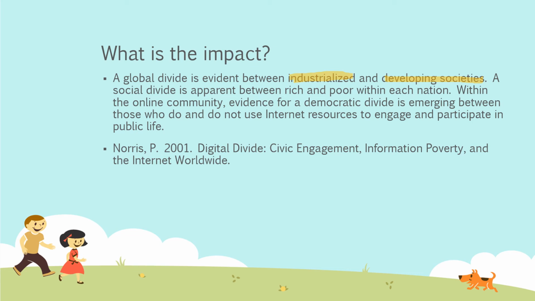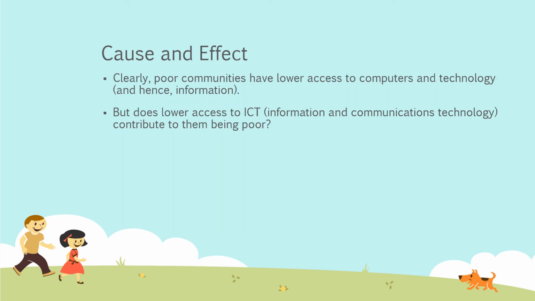Okay, and the digital divide also happens between people in the developed country who are really rich and those who are poor. Okay, so this is creating an impact. So clearly, poor communities have low access to computers and technology. And this is one of the causes of the digital divide. Okay.